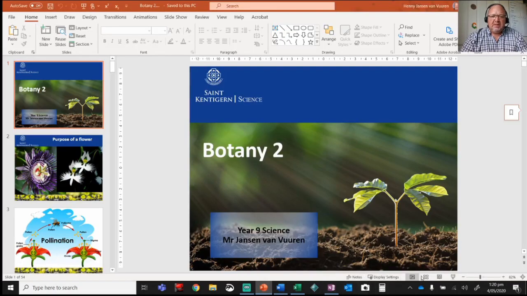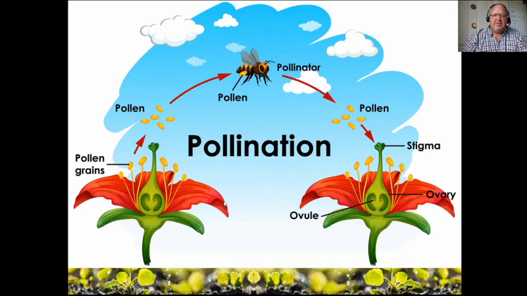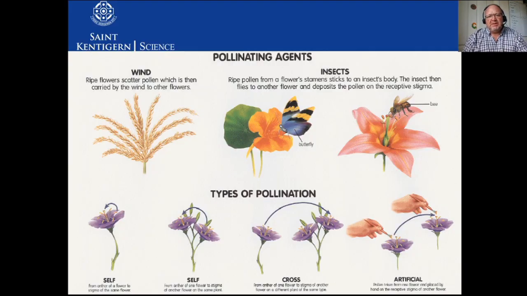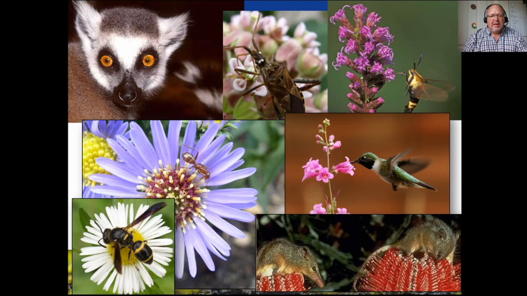Okay, so yesterday we had a quick look at pollination and the purpose of the flower and how pollination works. We looked at different pollinators like the tui and hummingbirds and so forth.